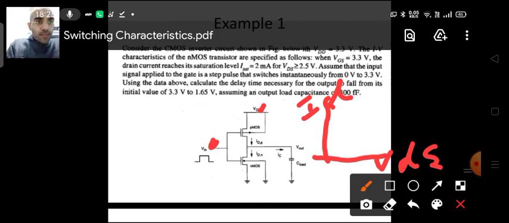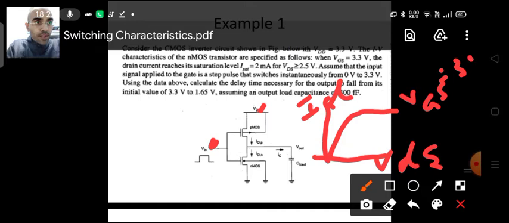So for VGS equal to 3.3 volts, the characteristics will be somewhat like this. It will be the maximum current.